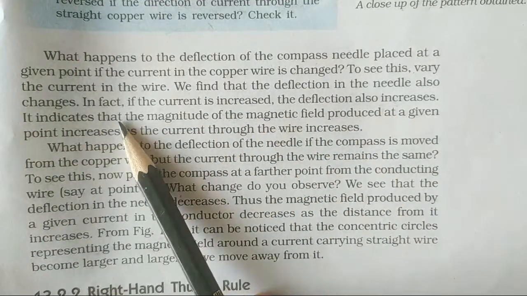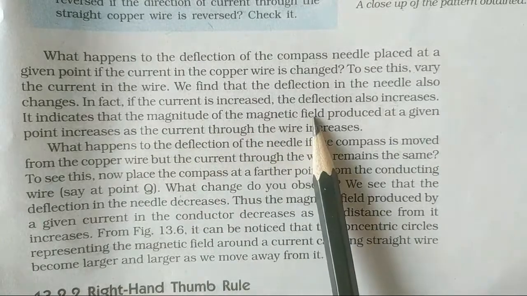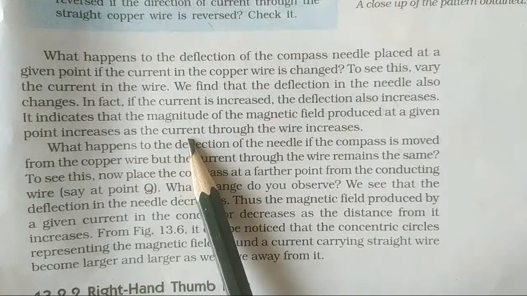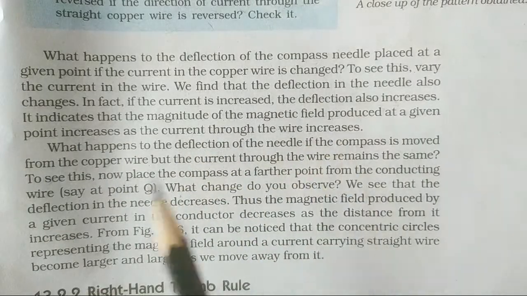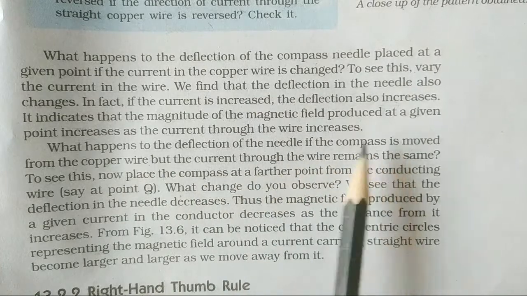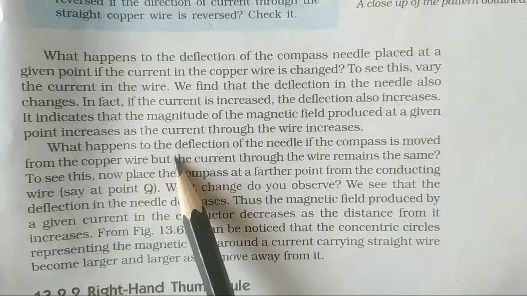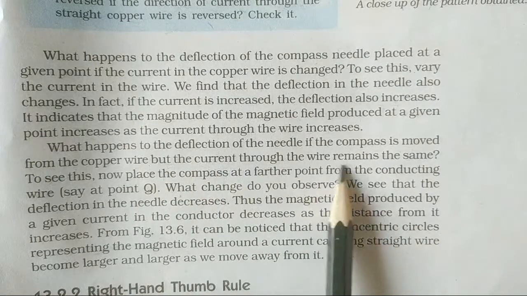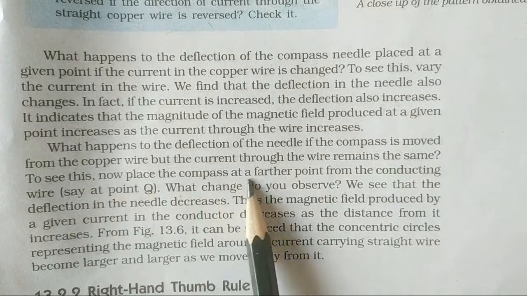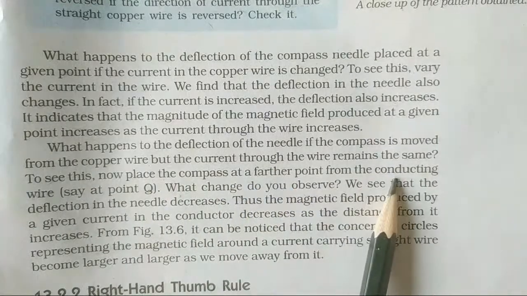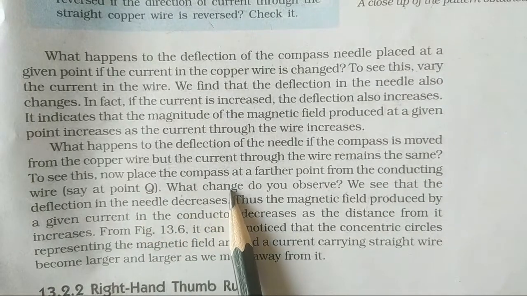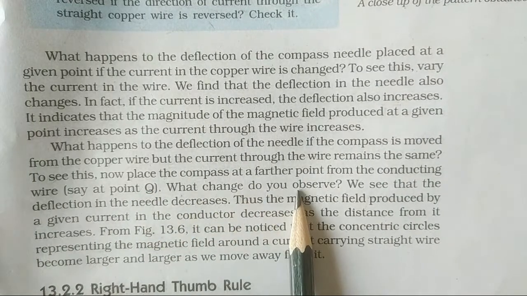It indicates that the magnitude of the magnetic field produced at a given point increases as the current through the wire increases. What happens to the deflection of the needle if the compass is moved away from the copper wire but the current through the wire remains the same? To see this, now place the compass at a point further from the conducting wire, say at point Q. What change do you observe?